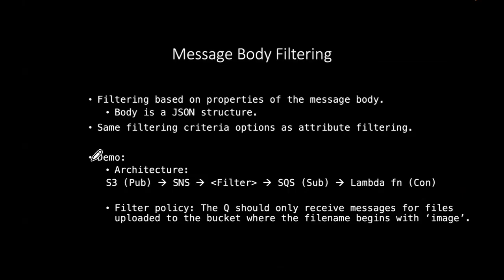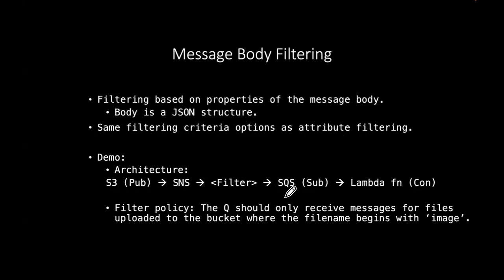The particular use case we were looking at was this set of architecture, if you like, which is the architecture or similar to the architecture of part of the lab, where S3 is sending messages to SNS, and we've got an SQS that's a subscriber to it, and we've got filtering going on between the messages that go from SNS to SQS.